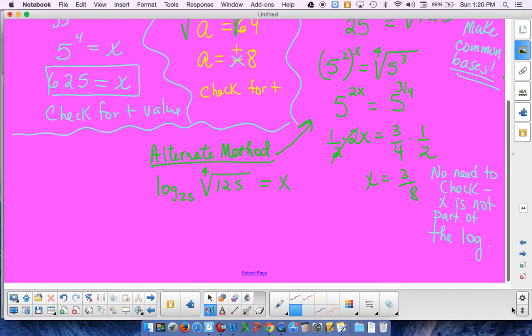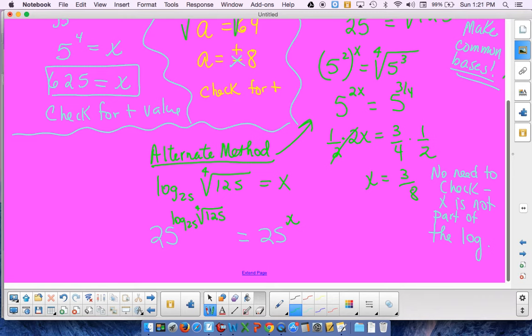Since I have a base 25, I could take this and put a 25 underneath both sides and then write this raised as a log base 25 power. And I could then do the same thing here. I could make that 25 to the x power. So I literally stuck a 25 underneath the original problem and made those become exponents.